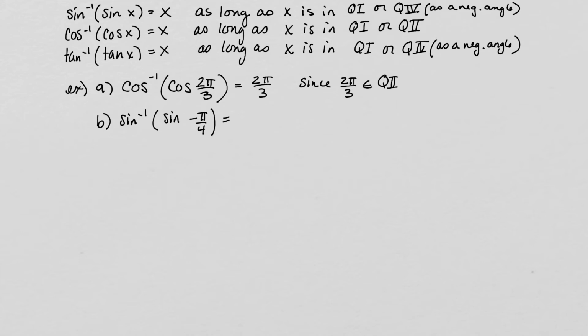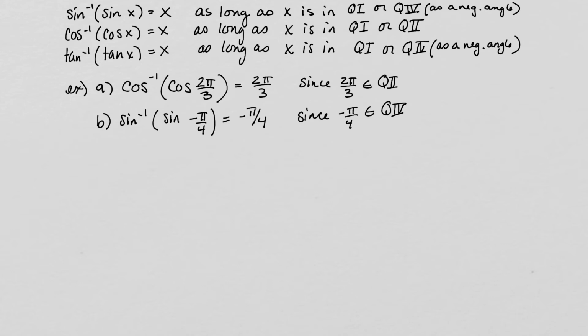It's just going to end up being minus pi over 4. So again, the inverse sine and the sine are going to cancel each other out. Minus pi over 4 is in quadrant 4, and it's written as a negative, so that works.